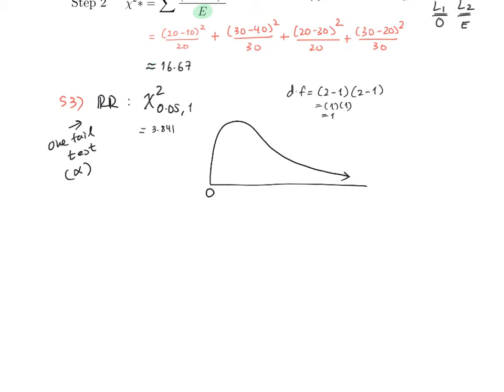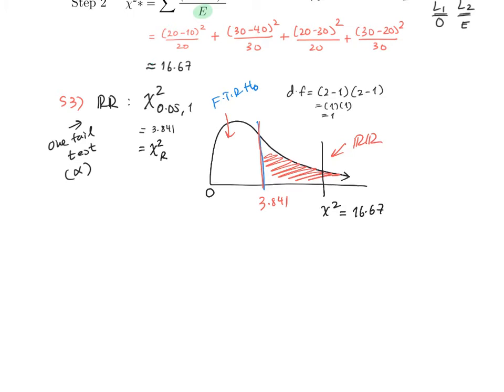Remember that this is not symmetrical. The rejection region is 3.841. So anything in here will be rejected. So this is the rejection region. And this will be the fail to reject H0. Well, clearly chi-square star, which remember is the same thing as chi-square, is in the rejection region.